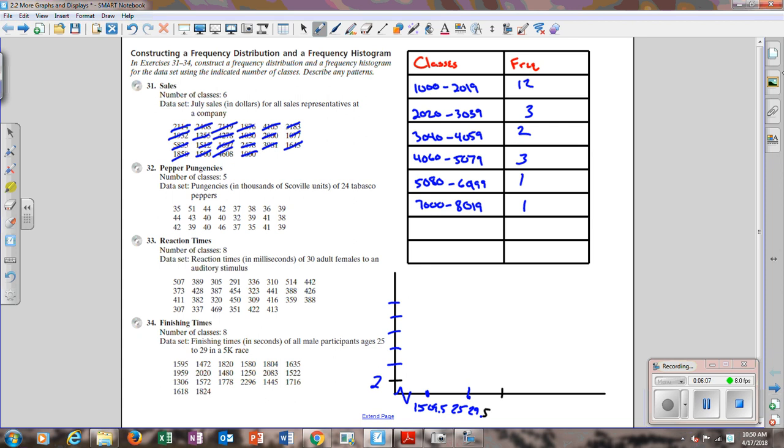Then 3549.5. And 4569.5. Then 5589.5. And 6609.5.